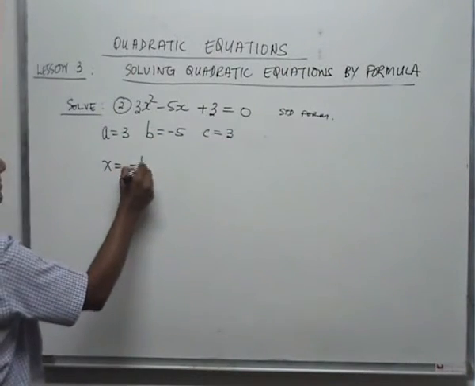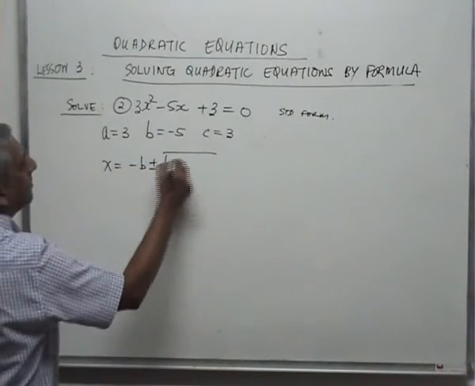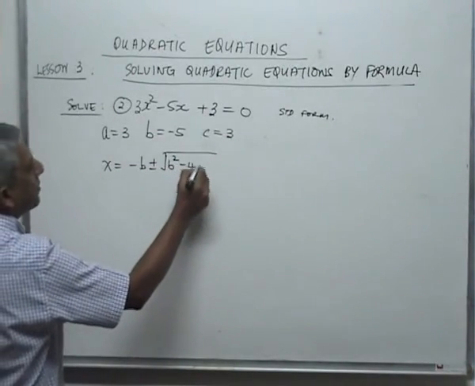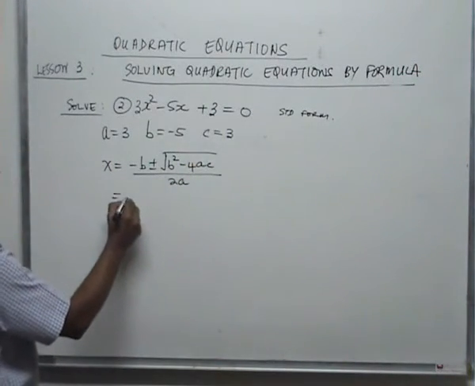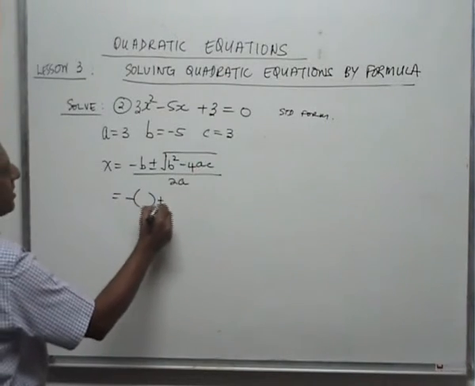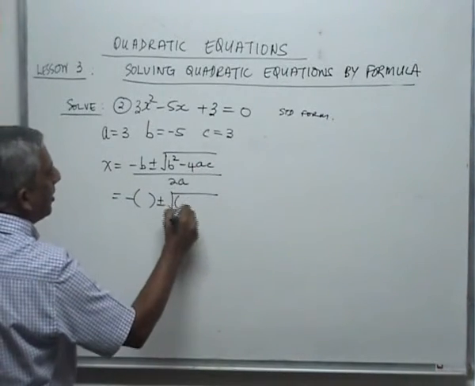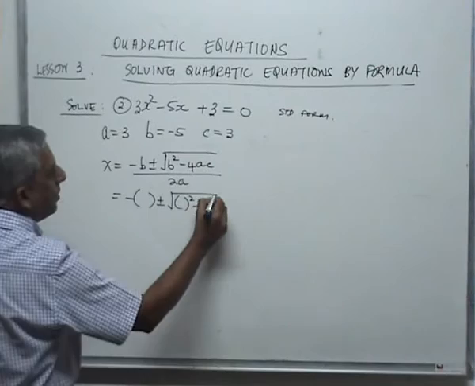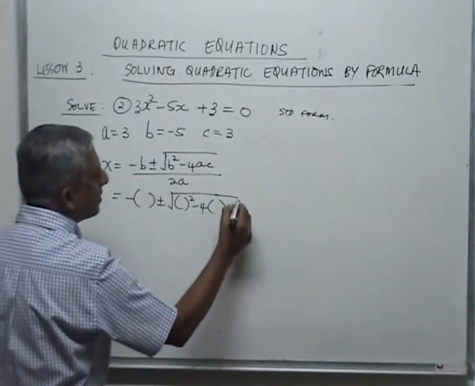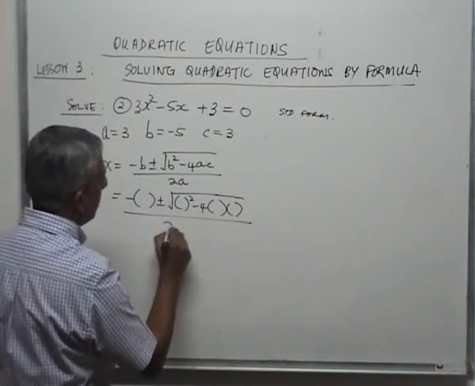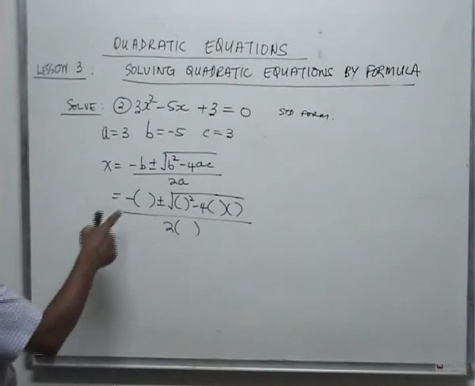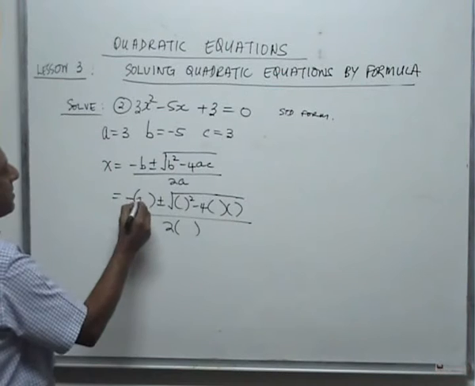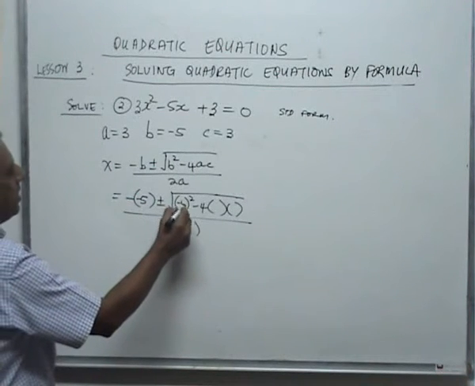Use the formula. There's your formula: minus b plus minus the square root of b squared minus 4 into a into c all over 2 into a. Right, so what is b? b is minus 5.